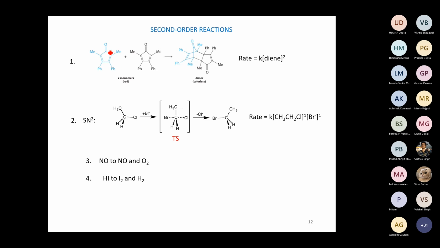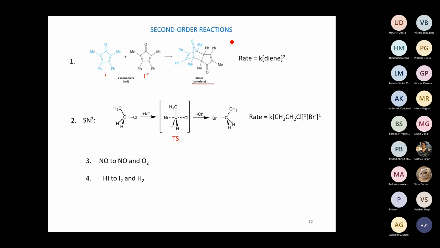You can see this is a pentadienone, the same molecule. This is one molecule, and this is another, because it is the same. What is going on here? You have an alkene bond, and here is one of the alkene bonds. This is called 4+2 cycloaddition, and it is giving a dimer.